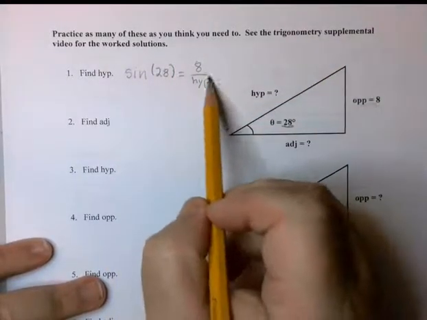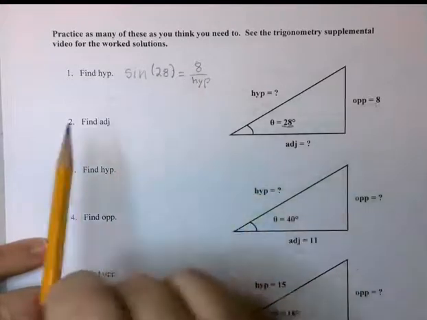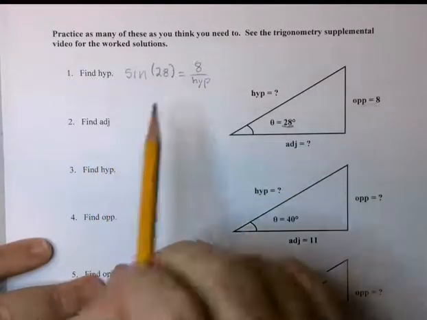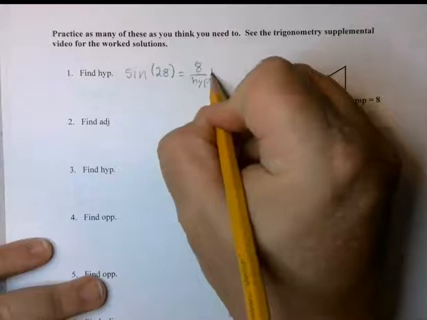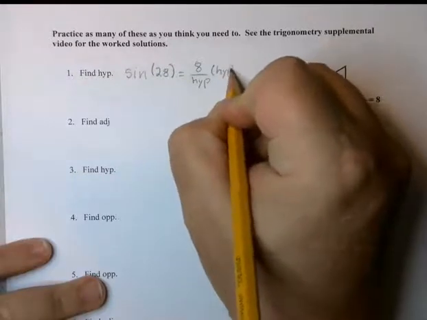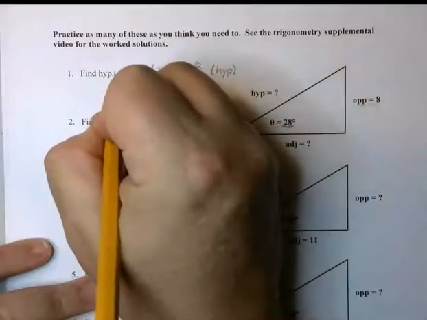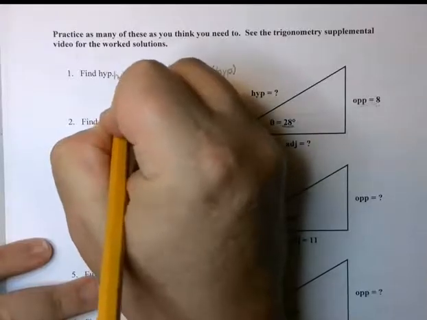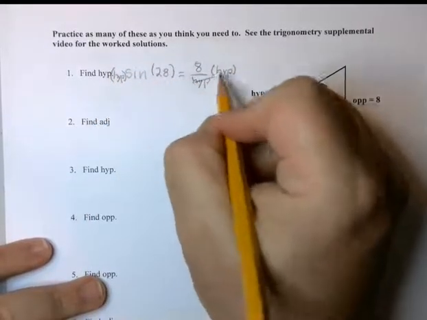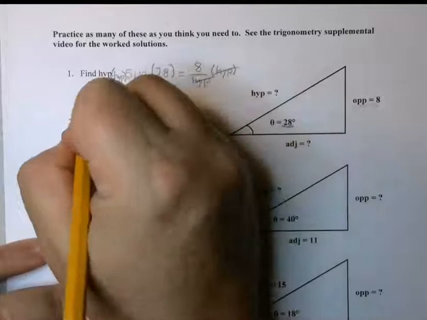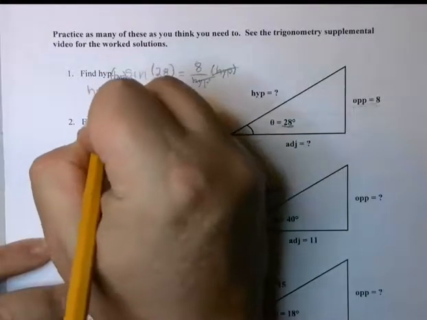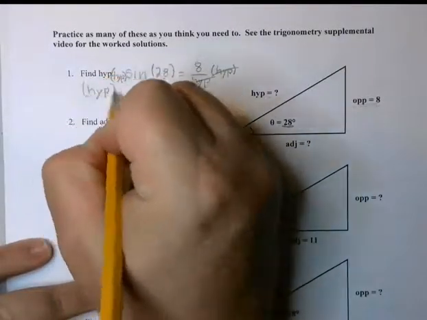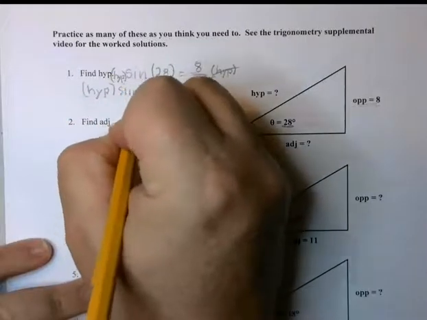Now, unfortunately, when this is in the denominator, it's a 2-step algebra process, okay? So what I'm going to do is multiply this side by hypotenuse. I'll multiply that side by hypotenuse. This cancels. So now I'll rewrite it down here. I have hypotenuse times sine of 28.